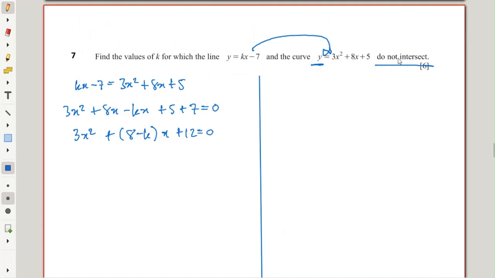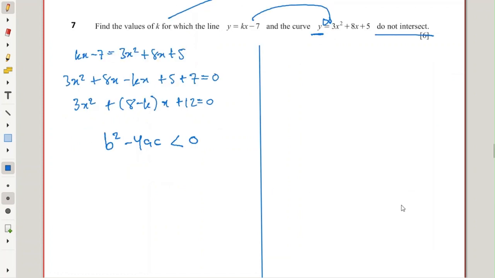So they say they don't intersect. That means that if this is the straight line, this is the curve. So if you have this situation, that means your discriminant is less than zero. So you are going to get complex roots, in other words.